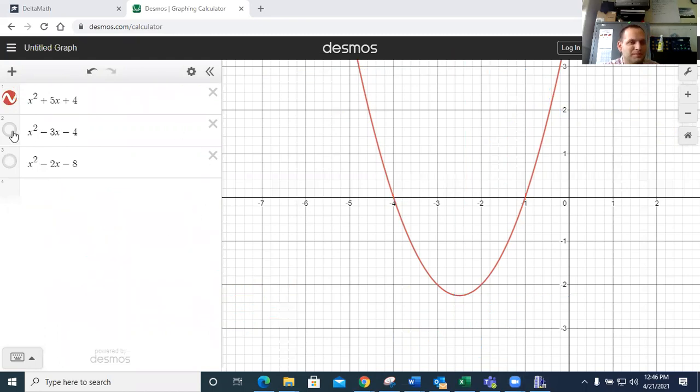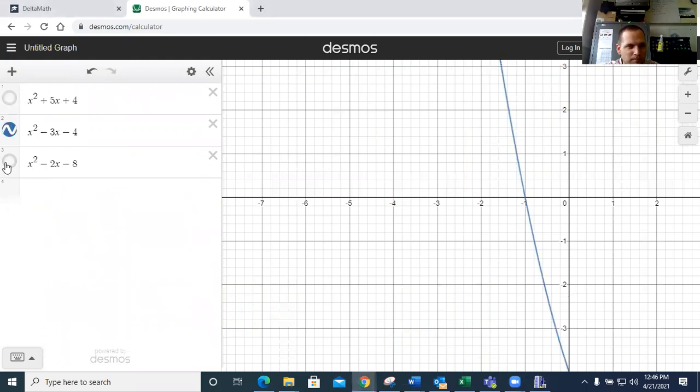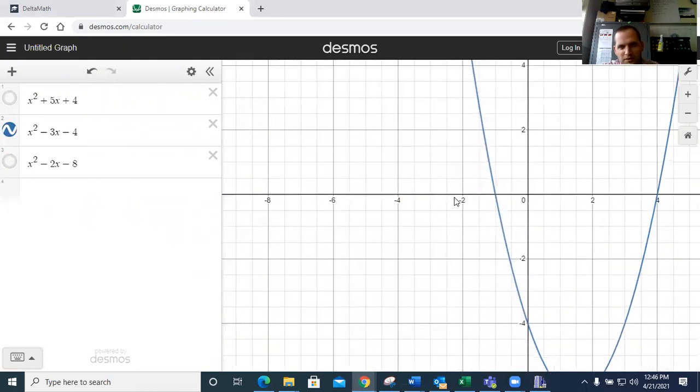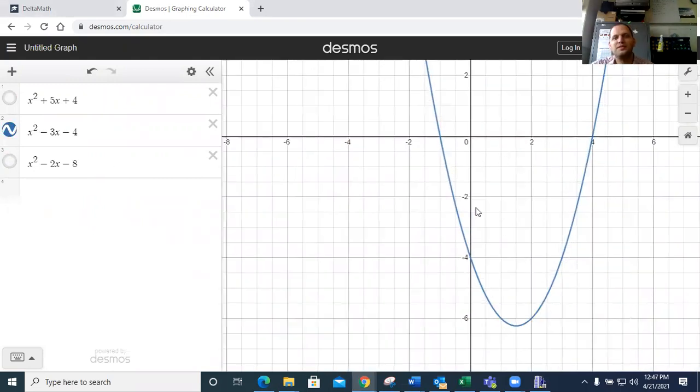Let's try another one. Let's try this equation right here. What is the vertex? What is this lowest point? You can see it's not really on any line. It might be on this thinner dotted line right here, might be slightly off. We really don't know. That's what we're going to try to find out right now.